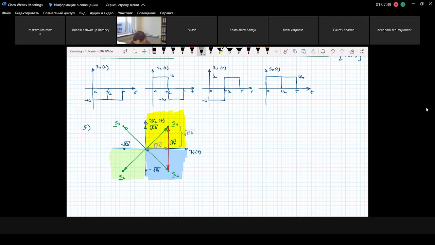As a result, this is part G: d min can be found as 2 times square root of EB. Looking at this signal space diagram and knowing the projections on different axes, we clearly see that the minimum distance can be written as 2 times square root of EB.